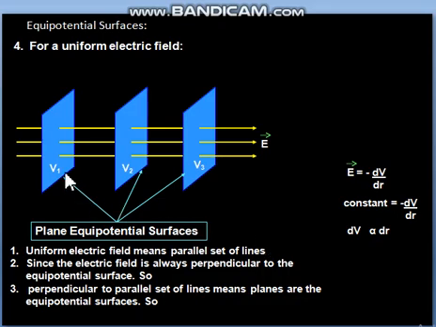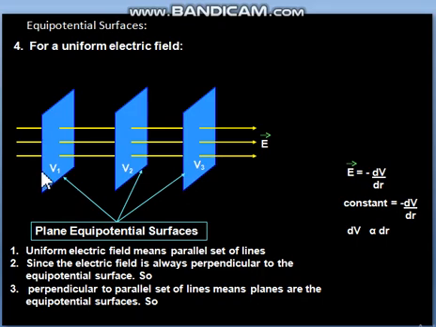That means if this EPS is of voltage value V1, this is of voltage value V2, and this is of voltage value V3, then if the voltage difference between first and second and between second and third is the same, dV is the same, then dr will also be the same. That means the linear displacement or the gap will also be the same.